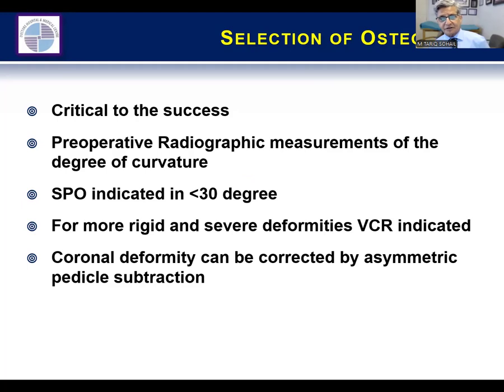For success of osteotomy in creating adequate sagittal balance, the selection is very critical. Preoperative radiographs and measurement of the various degrees of curve are important. Smith-Petersen osteotomy is indicated in less than 30 degrees of deformity, but if you have a more rigid or severe deformity, VCR may be carried out, and the coronal deformity should also be corrected by asymmetric pedicle subtraction, because in tuberculosis there may be both sagittal and coronal imbalance, and one can correct them during the same surgery.